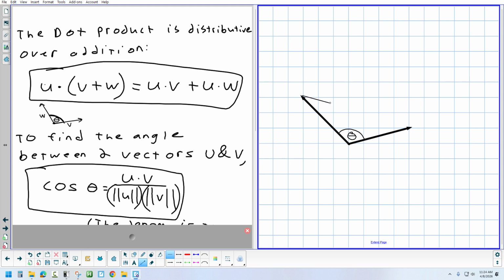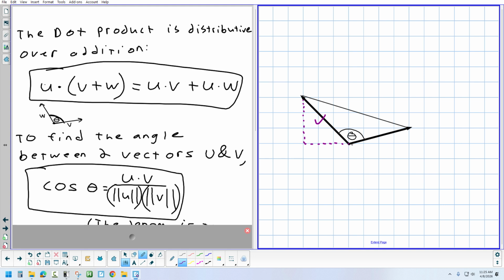We could start with that. So now we've got a triangle. And we could figure out how long those two black sides, those two vectors are, by making triangles like this. That would enable me to figure out the length of that side in purple that I just drew. What theorem would I have to use to do that? Right. I could find the length of this side using Pythagorean theorem.